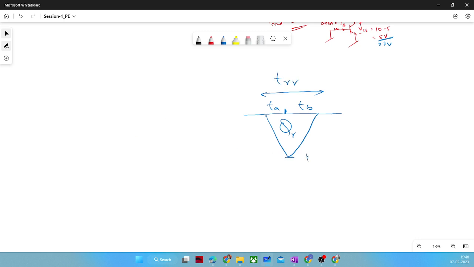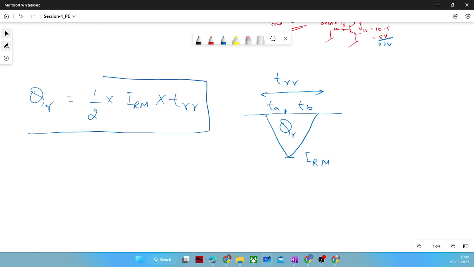And this is nothing but IRM, the peak reverse current, which you can get from the datasheet. TRR, TA, and TB you can also get from the datasheet. Since this is a triangular waveform, you can compute QRR equal to half into IRM into TRR. This is the expression the professor also derived.